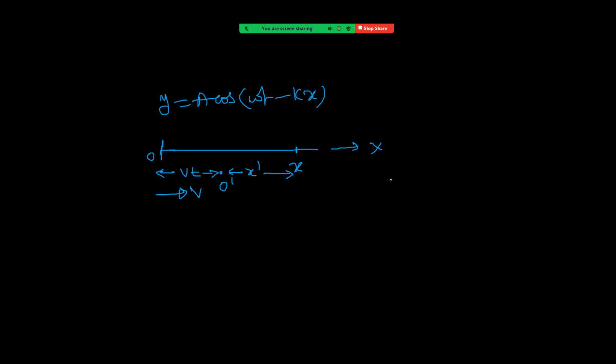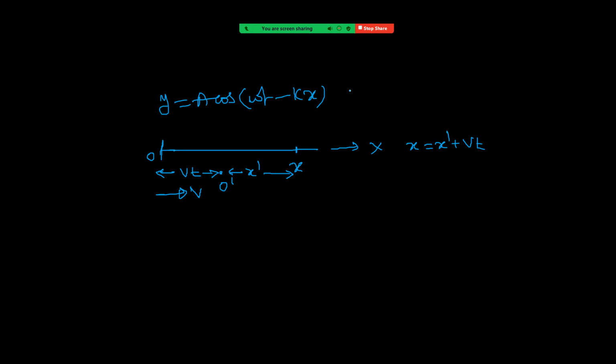Now from this what can we write? We can write x equal to x dash plus vt. From O to O dash the distance is vt, the distance traveled by that frame in time t. From O dash, the position of this point is x dash. So x equal to x dash plus vt.